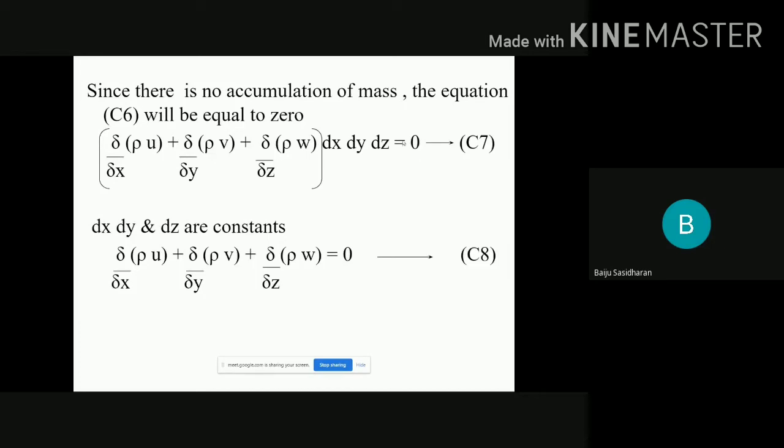In this expression, dx, dy, dz are constants, therefore they may not be 0. But something into 0 will be 0. That is why the remaining term, dou by dou x of rho u plus dou by dou y of rho v plus dou by dou z of rho w is equal to 0.